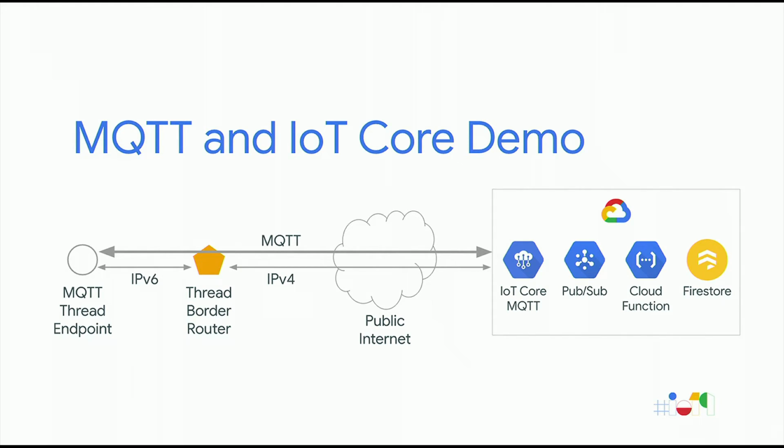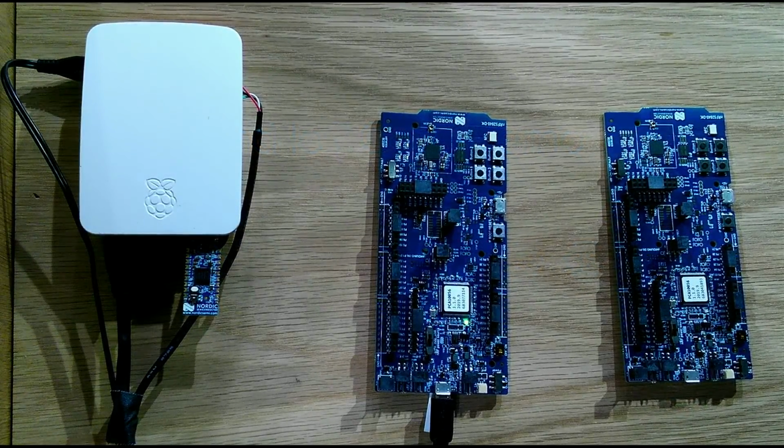And for the cloud application, we'll have a simple cloud function that processes telemetry events and saves them to a Firestore database. So let's take a quick look at the physical devices again. The dev board in the middle will be the one that we use for the MQTT endpoint, and that'll communicate wirelessly via the Raspberry Pi end-to-end with IoT Core.